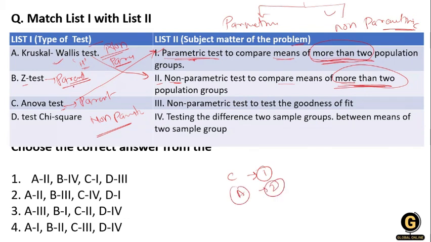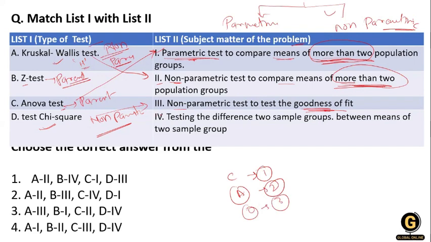Now the next one: the non-parametric test for the goodness of fit. The remaining non-parametric test is chi-square, also known as goodness of fit, so D is matched with 3.